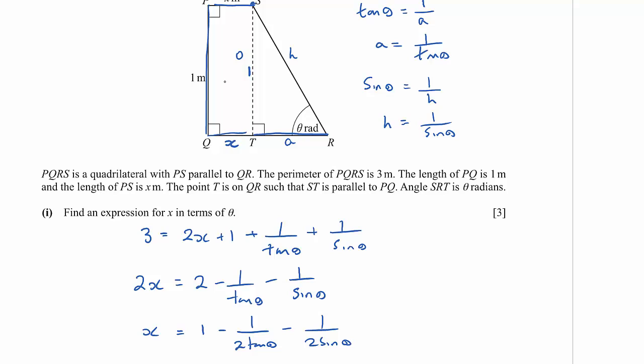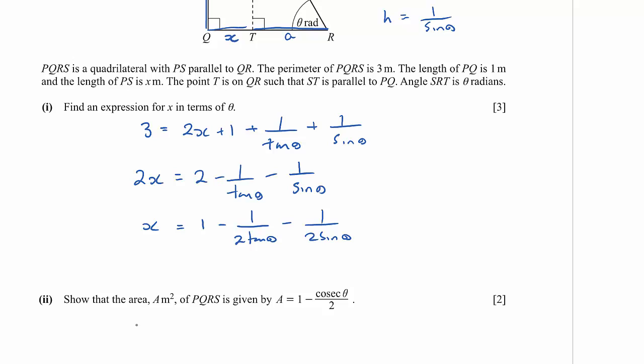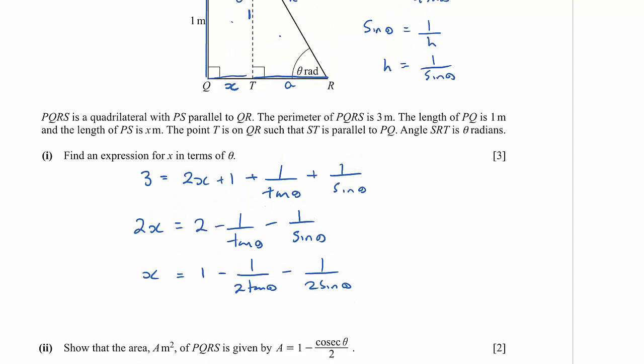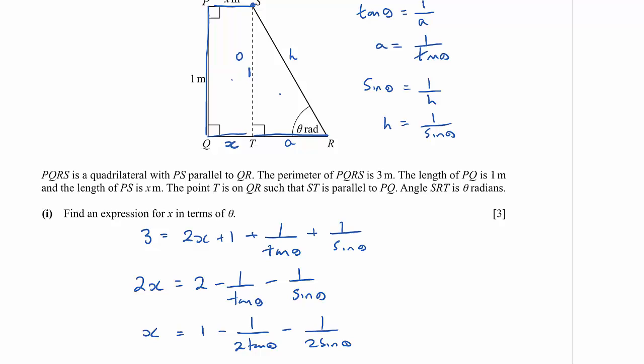Or the area, so PQRS, the whole thing, we could deal with it as a trapezium, but it might be slightly better as a rectangle and a triangle. So the area is going to be, the area of the rectangle is just 1 by x, so that's x. And the area of the triangle is going to be a half of the base times the height.